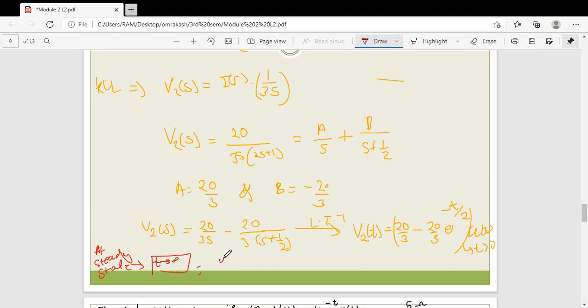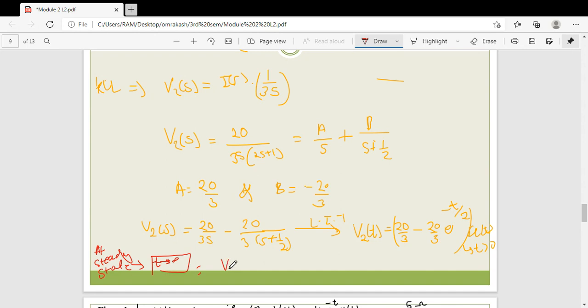So what is the value of V1 at infinity? Put the t value as infinite and observe what is the value of V1 and V2.